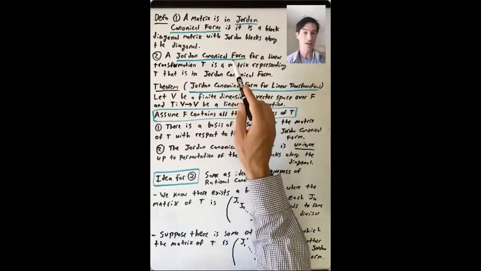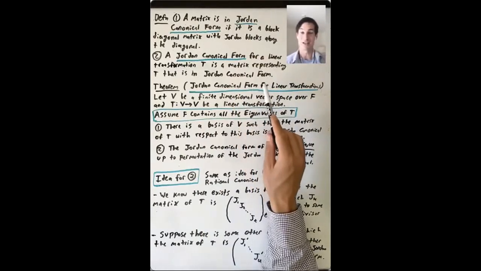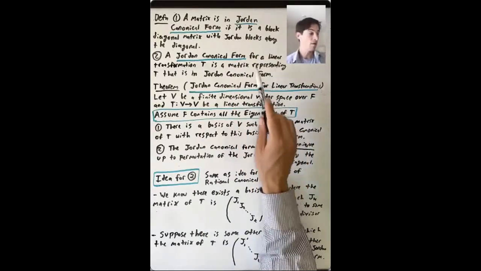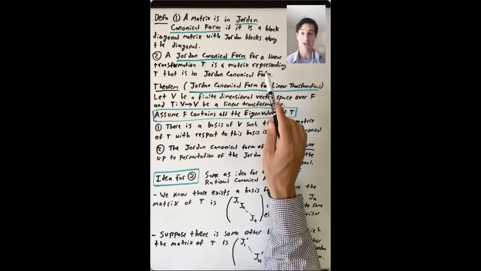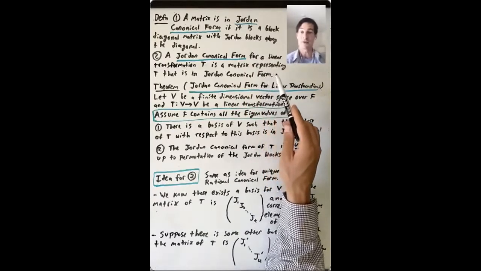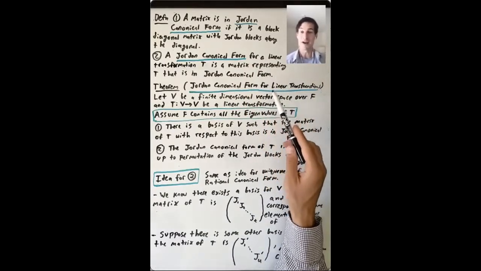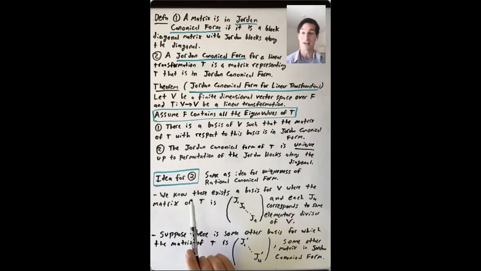So these definitions are totally parallel to definitions for a rational canonical form, for a matrix, and for a linear transformation. And the next several results that we give will be completely parallel to results that we've given for the rational canonical form for a linear transformation, and then the rational canonical form for a matrix. So the theorem we'll state is the Jordan canonical form for linear transformations. And let's recall the setup.